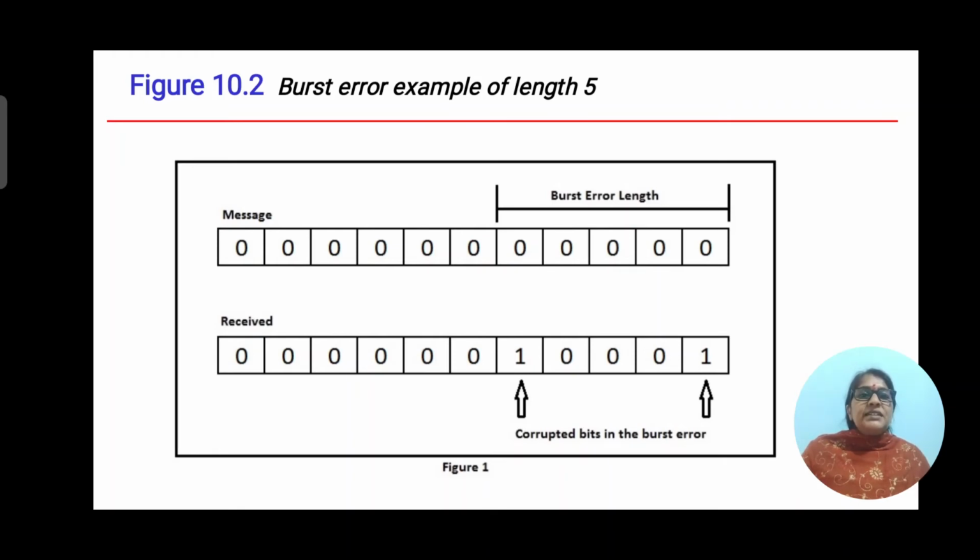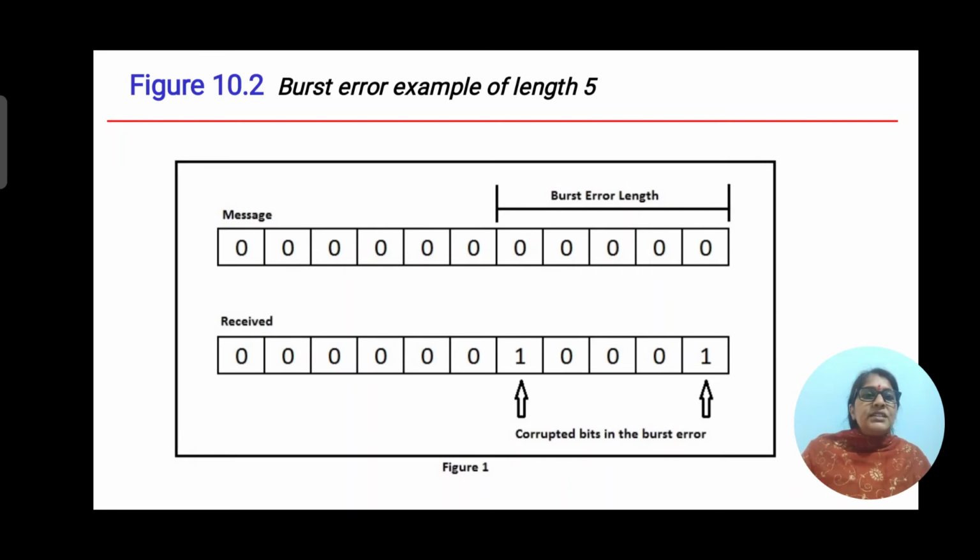The message is 0 0 0 0 0 0 0 0 0 0 0, and the 5 zeros of data are nothing but the burst length of 5. Next, on the receiver side, we have the received data, that is 0 0 0 0 0 0 1 0 0 0 1.